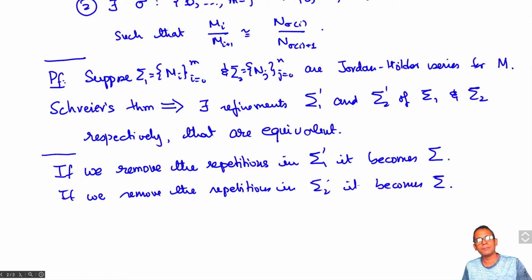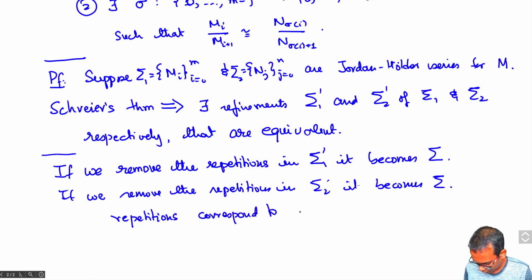But these repetitions are precisely those terms in the series where the quotients are zeros. Right? And because sigma 1 prime and sigma 2 prime are equivalent, they have the same number of zero quotients.